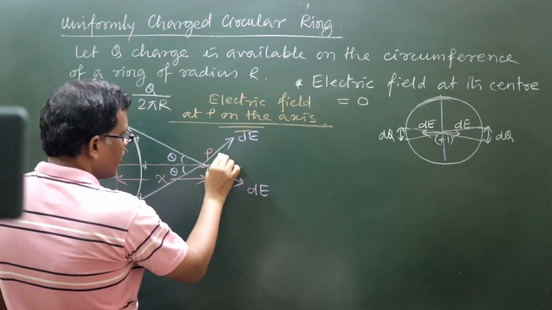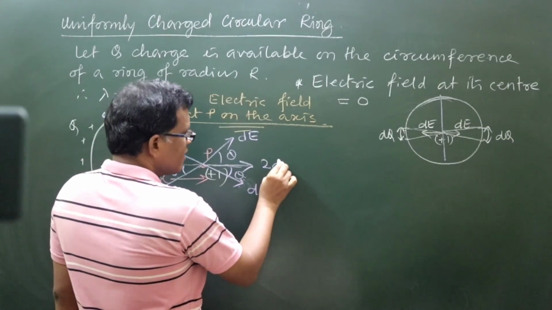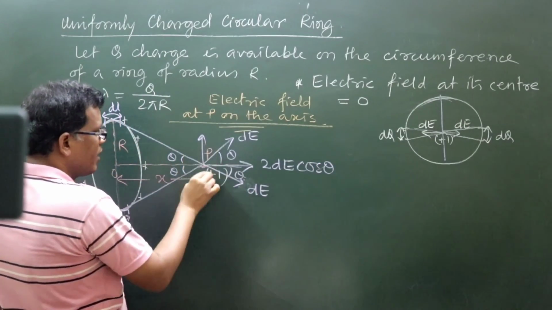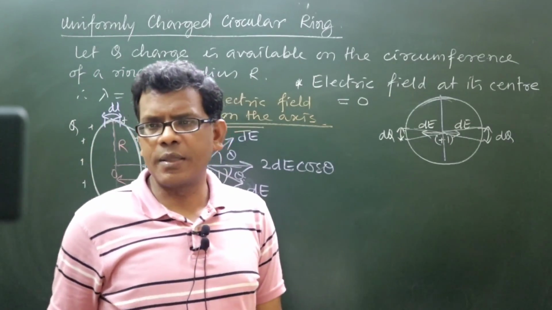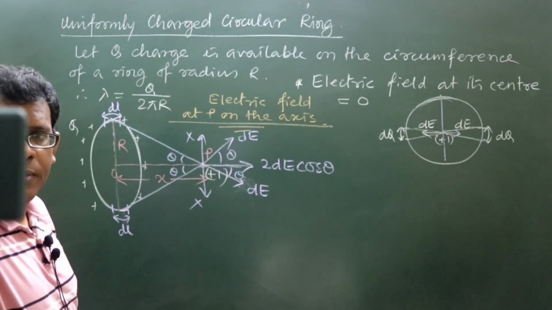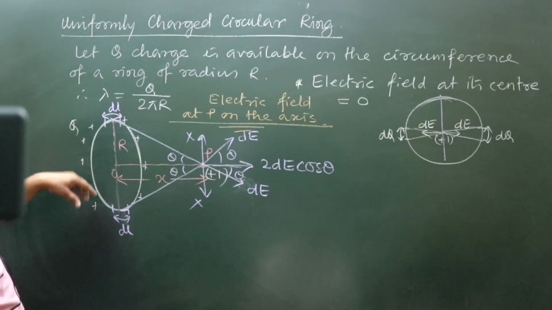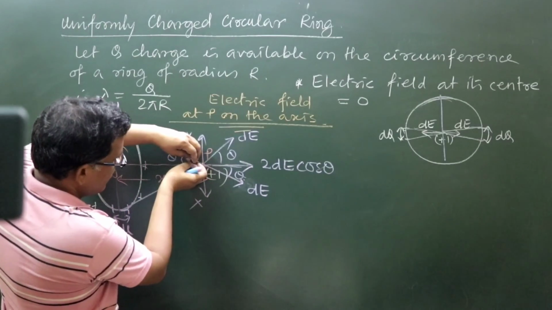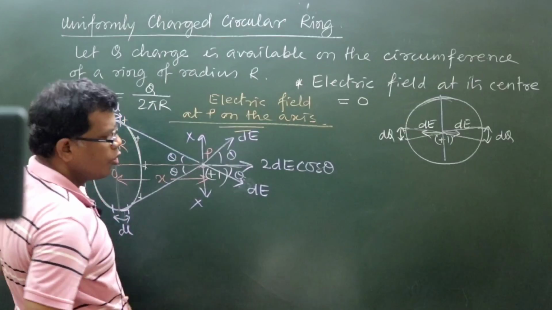For one pair of symmetrical elements, ultimately we get the result along the axis, something like 2D cos theta. This symmetrical geometry is very important. Understanding the geometry and its symmetrical result, this visualization, is very important, right? The diametrically opposite elements exert repulsive force on the +1 charge, so they appear like this. Their resultant is 2D cos theta.